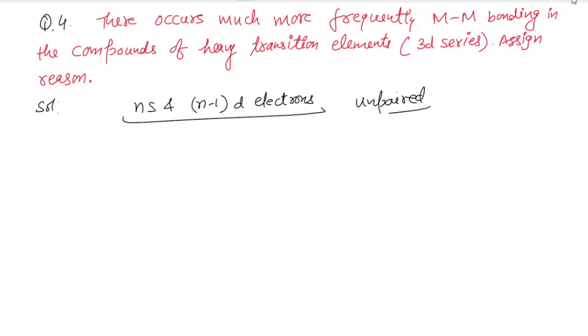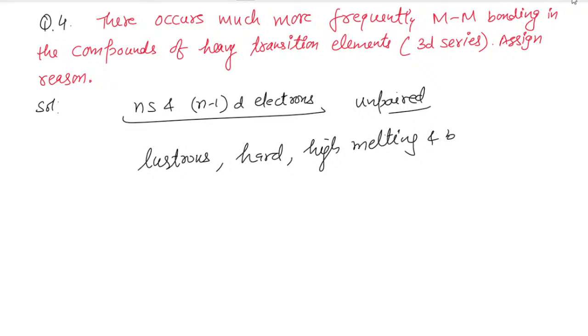That's why metals are lustrous, they are hard and have high melting and boiling point.